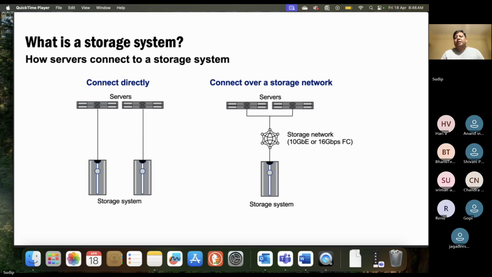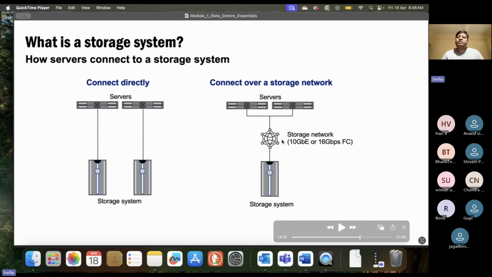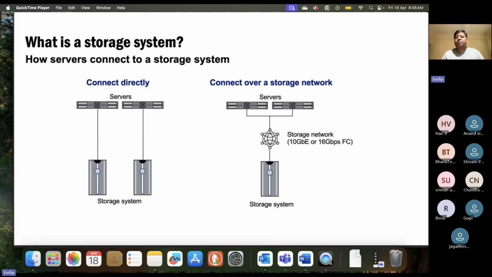All right. But that's all network, okay? That's all allowing connectivity between servers and storage systems, or in between servers also. Now, any kind of storage system that is connected to the Ethernet and will serve mostly unstructured data, that kind of storage system is called a NAS, network attached storage.